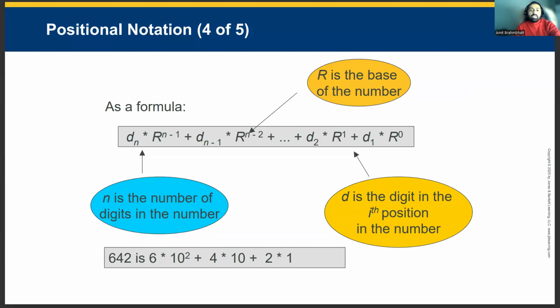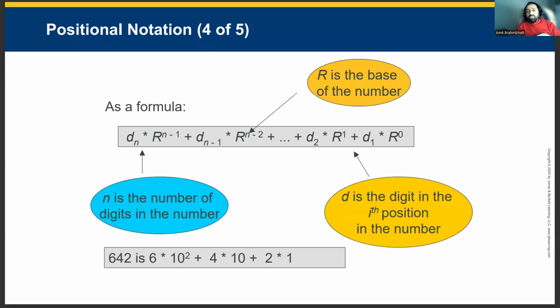Each digit in a number is multiplied by the base raised to a power that corresponds to the digit's position. The rightmost digit is multiplied by the base raised to the 0, and each position to the left increases the exponent by 1.